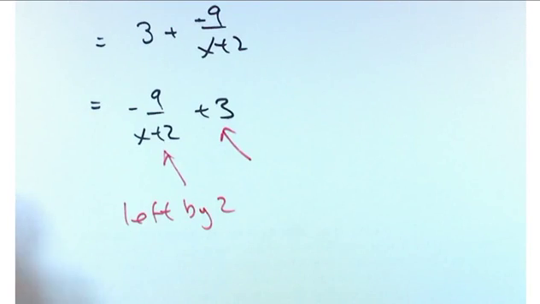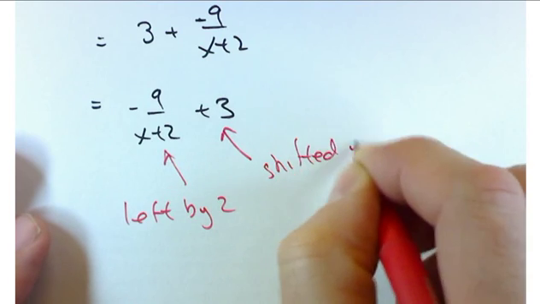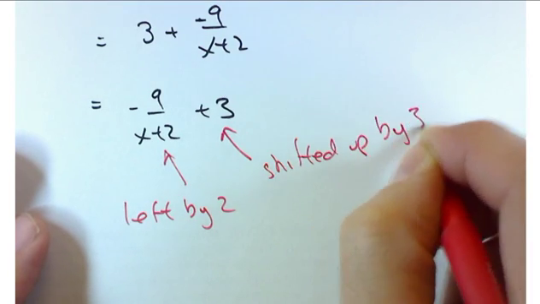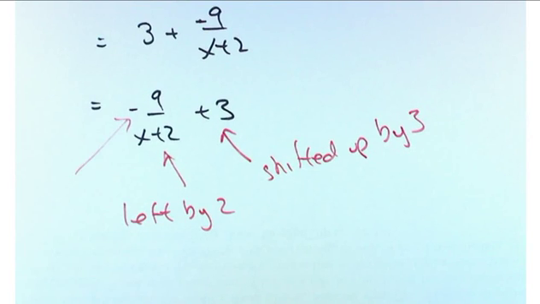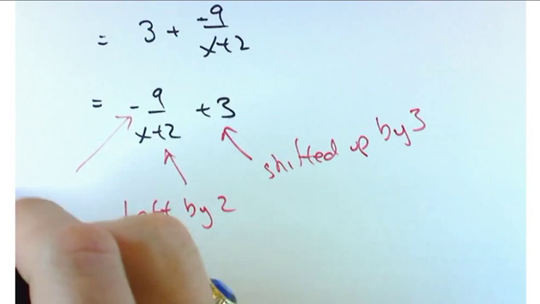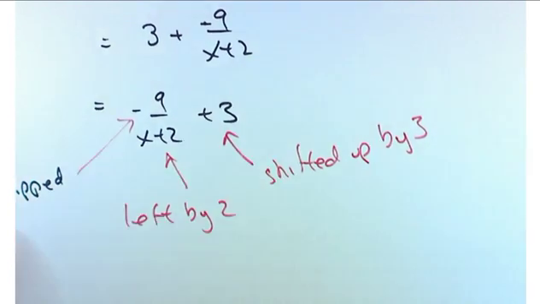What do you suppose this is going to do? Yeah, it's going to be shifted up by 3. What's the negative going to do? Flip it. Good, it's going to flip it. And finally, the 9 is going to stretch it. I'm not going to worry about that feature of the graph. It is going to be stretched a little bit away from the x-axis.